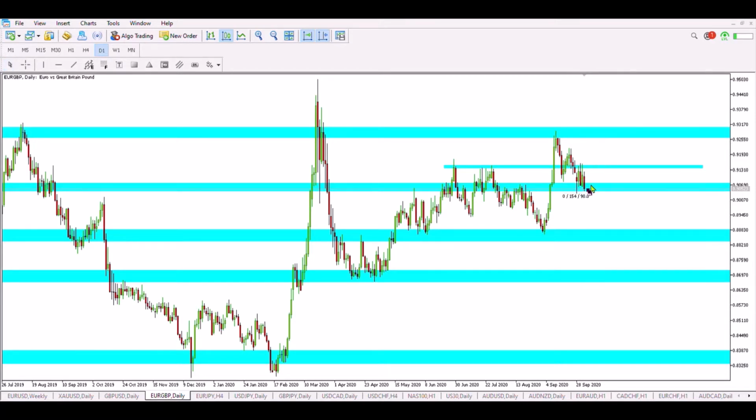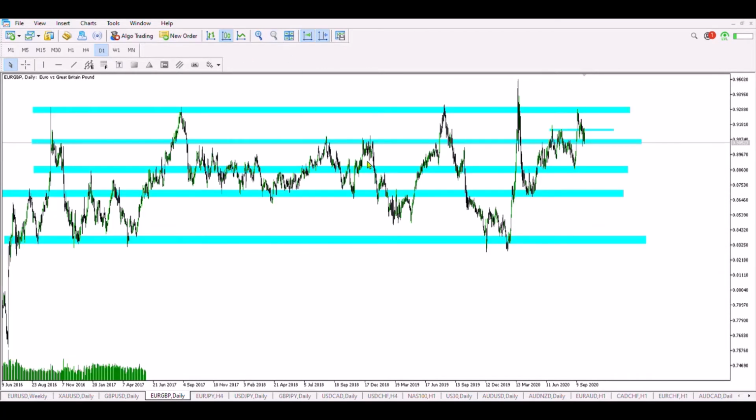Or if the euro loses strength against the GBP, we can see a push to the downside where we have a pretty good support level back here. Many times it acted as a support and as a resistance in the past. If we zoom out, you can see that this happened over and over in the past.